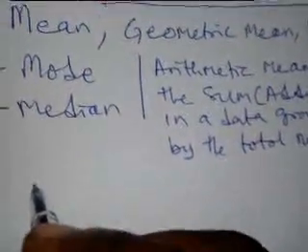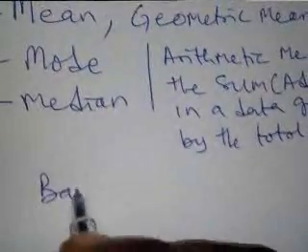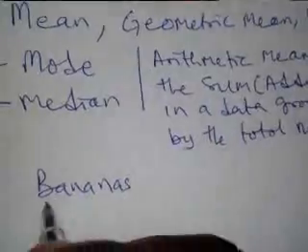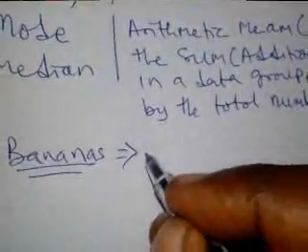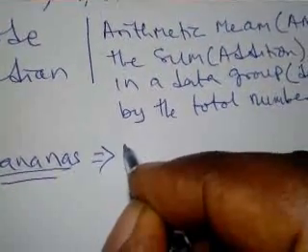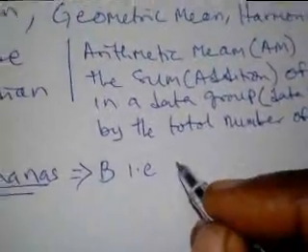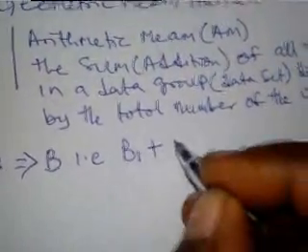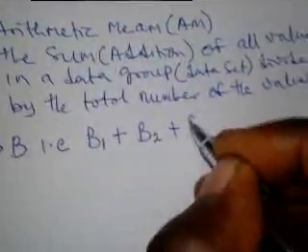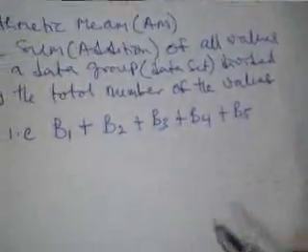So what I am trying to say here is, let's assume we have bananas, and let's represent our bananas with the symbol capital B. Now let's assume we have 5 bananas. So this is banana 1, that's B1, plus banana 2, plus banana 3, plus banana 4, plus banana 5.